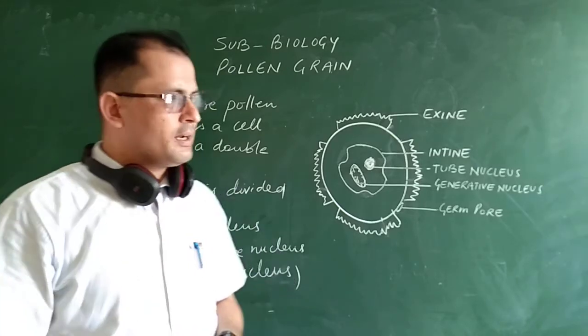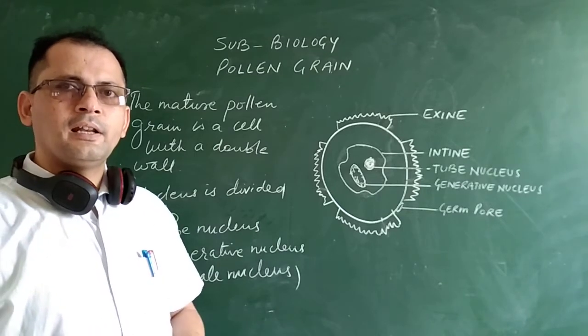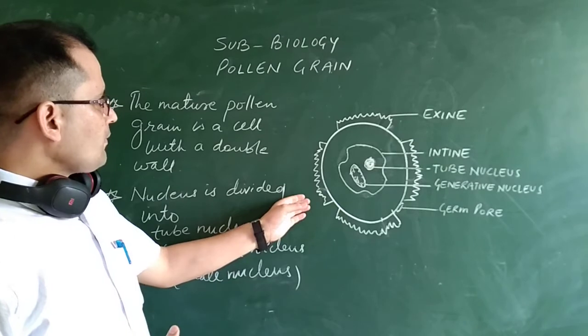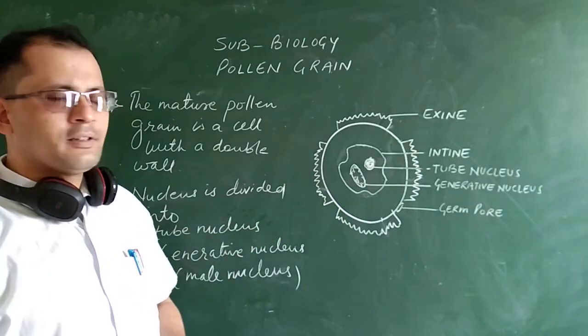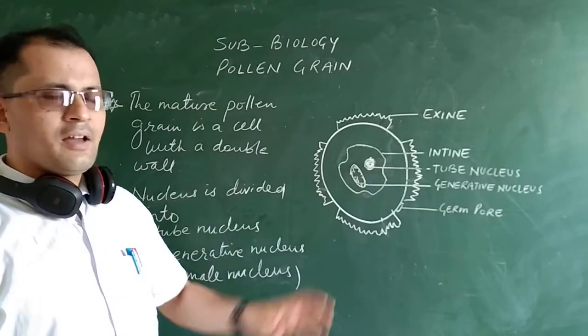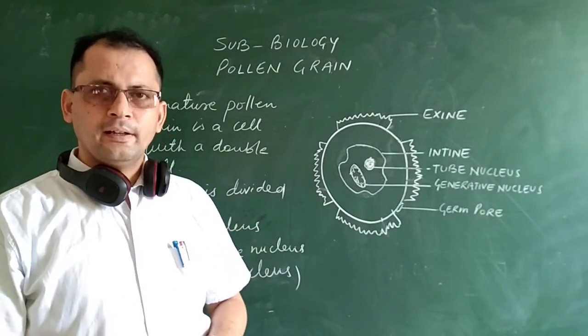Now you can see here beta, I have drawn the structure of a pollen grain, what a pollen grain looks like. So you can see a pollen grain, it is a cell with a double wall. It is a cell which is having two walls, one is the outer wall and the other is the inner wall.